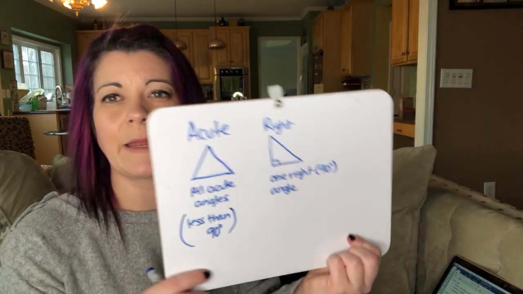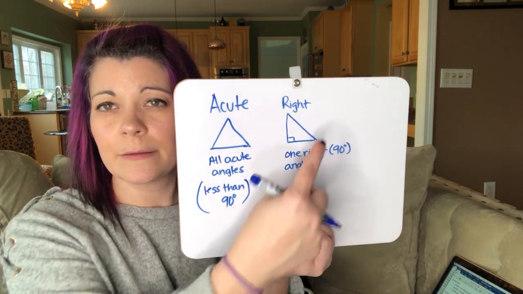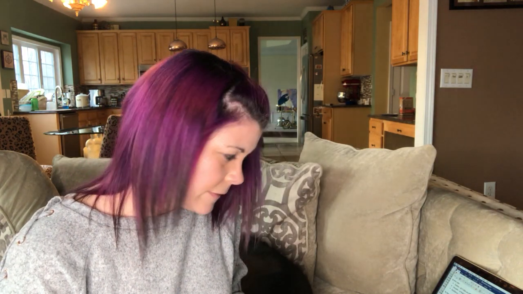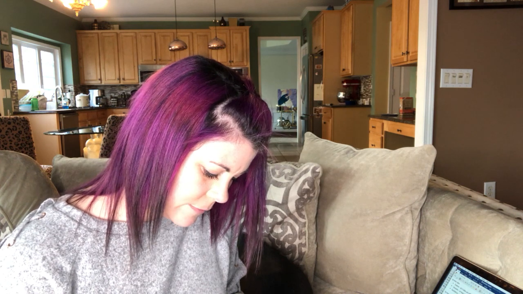So one right angle is a right triangle. And then lastly, we have obtuse. In an obtuse triangle, you have one angle that is obtuse. And obtuse means greater than 90.